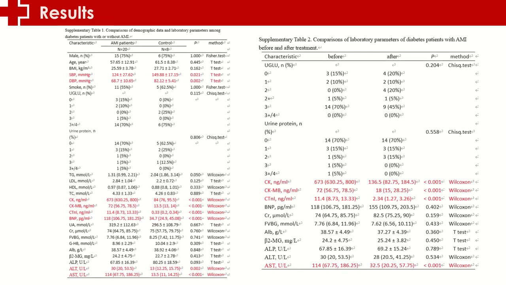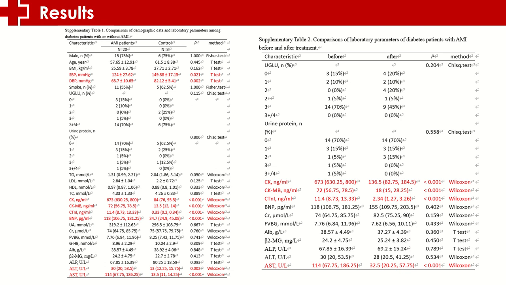Next, we validate using human blood samples. Supplementary table 1 and table 2 show the parameters. Supplementary table 1 is the baseline between the acute myocardial infarction patients with diabetes and only diabetic patients, and demonstrates that blood pressure, CK, CKMB, CTnI, BNP, ALT, and AST show significant differences.